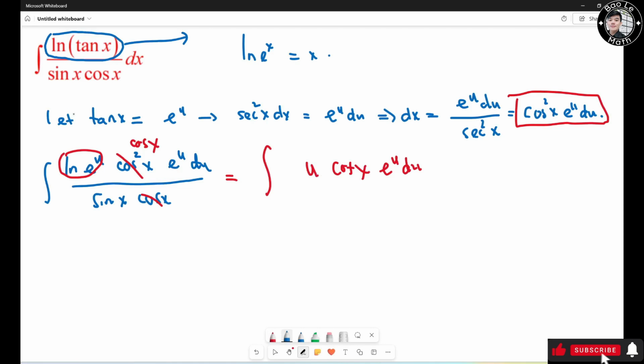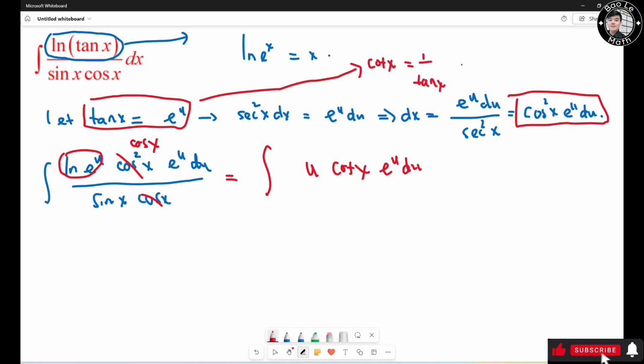Now observe that you have tangent s equals e to the u, right? Now you know that tangent s and cotangent s, they are reciprocal, right? So cotangent s equals 1 over tangent s, right? So it's going to be 1 over e to the u.